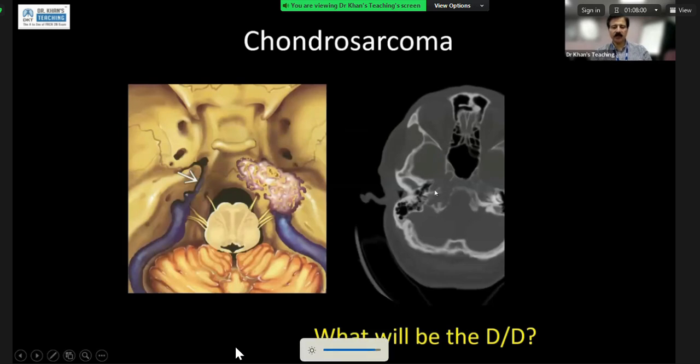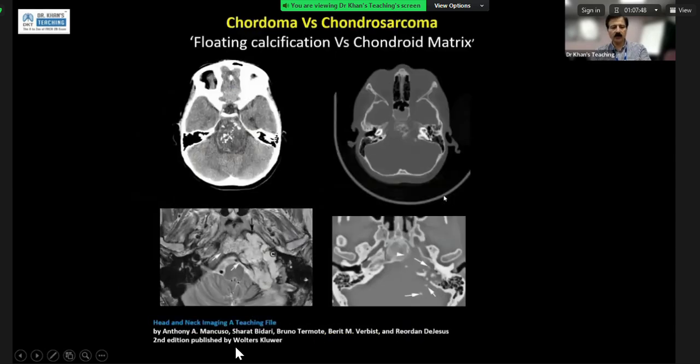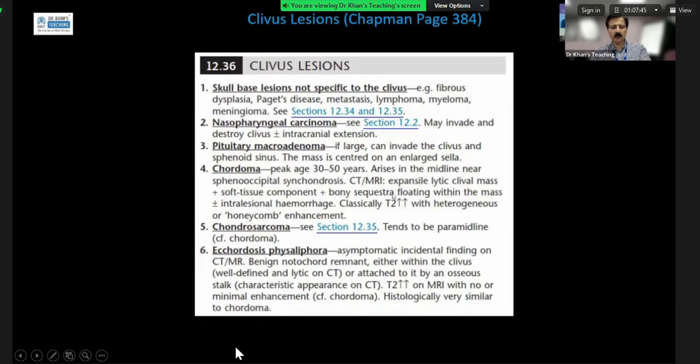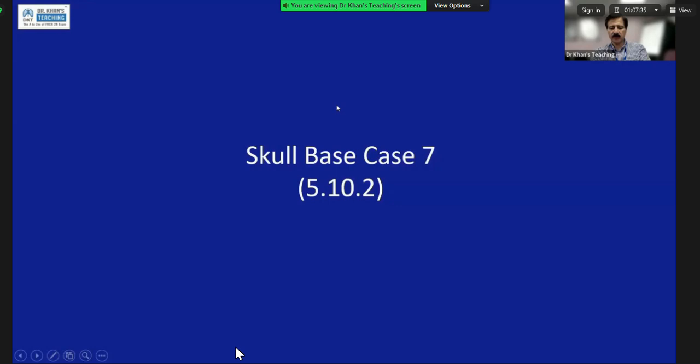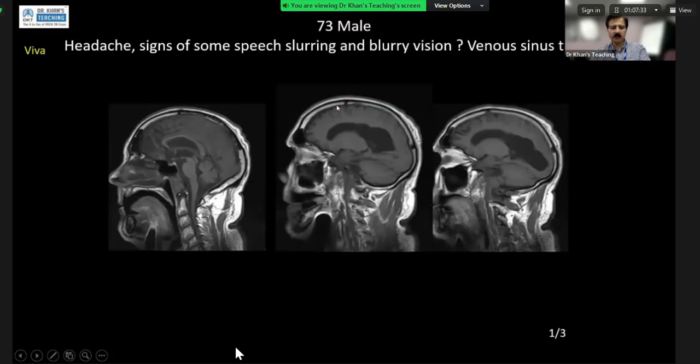Take the help of the clivus, and then chordoma, chondrosarcoma, lymphoma, myeloma, all of these metastases, you can keep. But this is the key. So this was clivus lesions, unifocal skull-based lesions. Again, any multifocal lesions can occur like this.